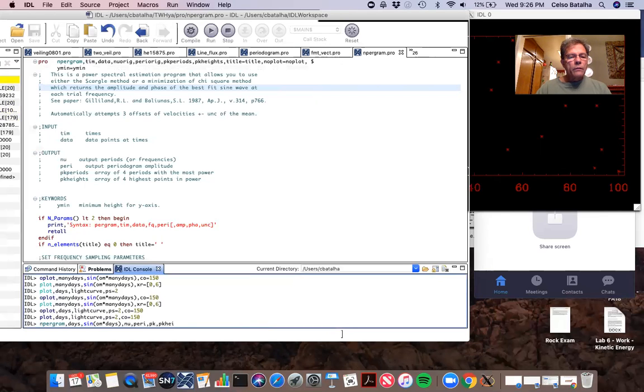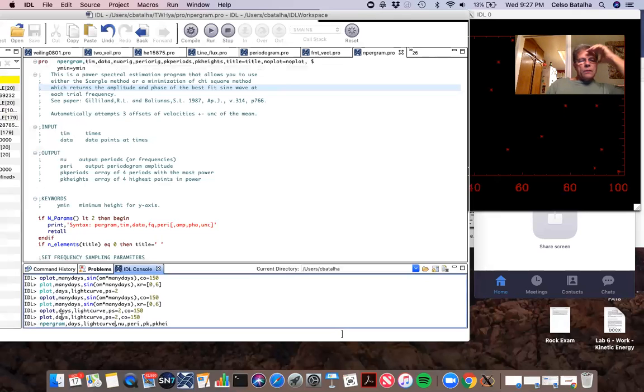There you go. Periodogram, days, sine of omega times days, which would be a light curve, right? So I want a light curve.